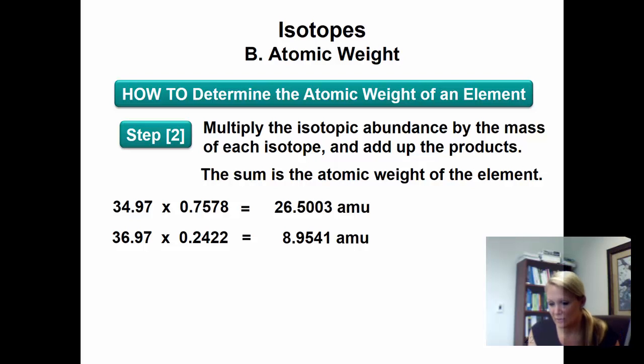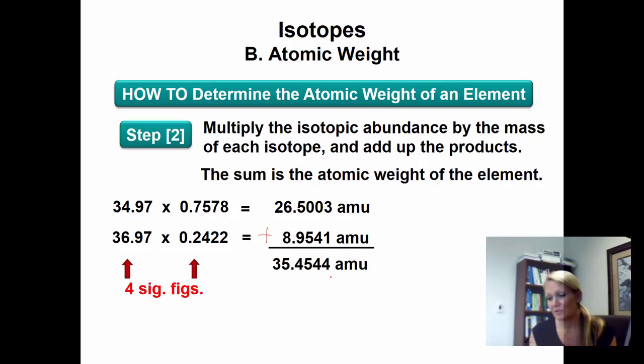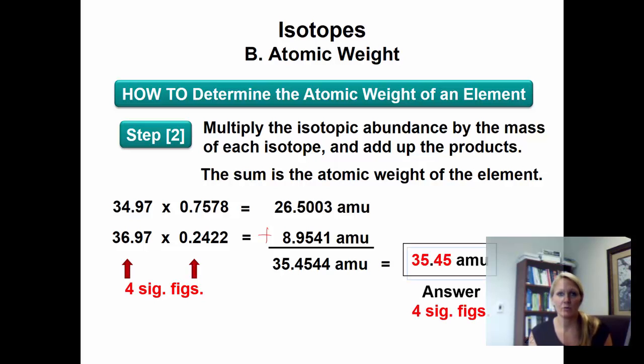So here was our mass for chlorine-35, and then here's our percentage that we moved our decimal over, and this was for chlorine-37. When you multiply, you get these two numbers here, and then you add them up, and you get 35.4544. Since we had 4 sig figs in our problem, we report our answer to 4 sig figs.